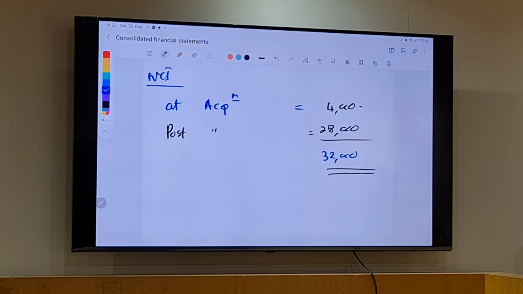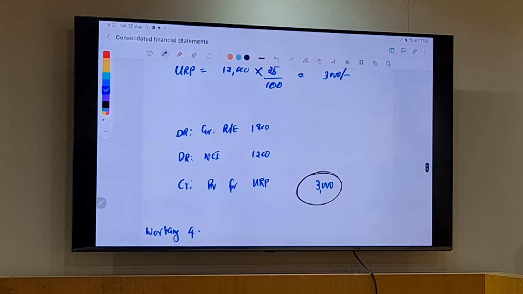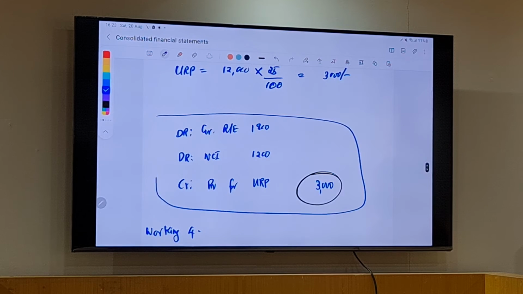Now, I believe you have a doubt now, how this double entry is working. I wanted to clarify that to you.